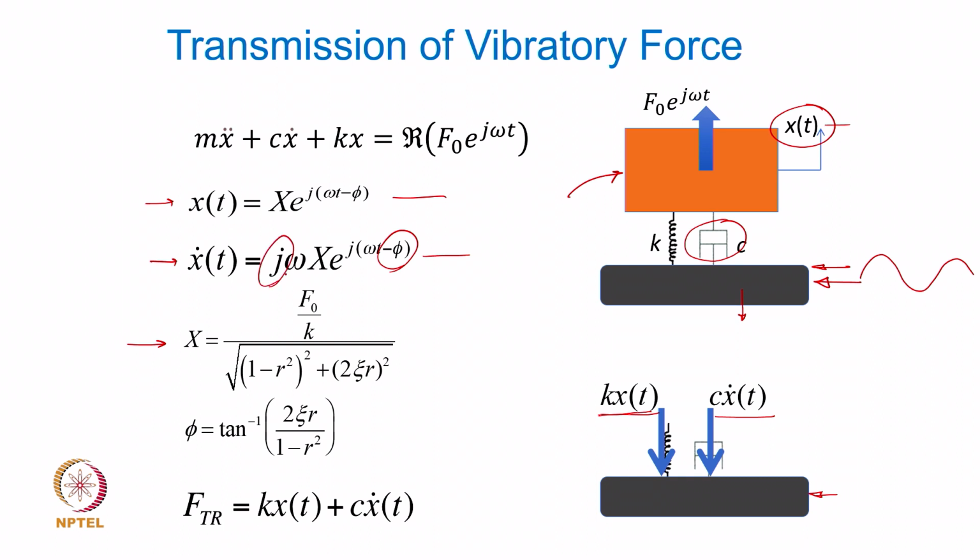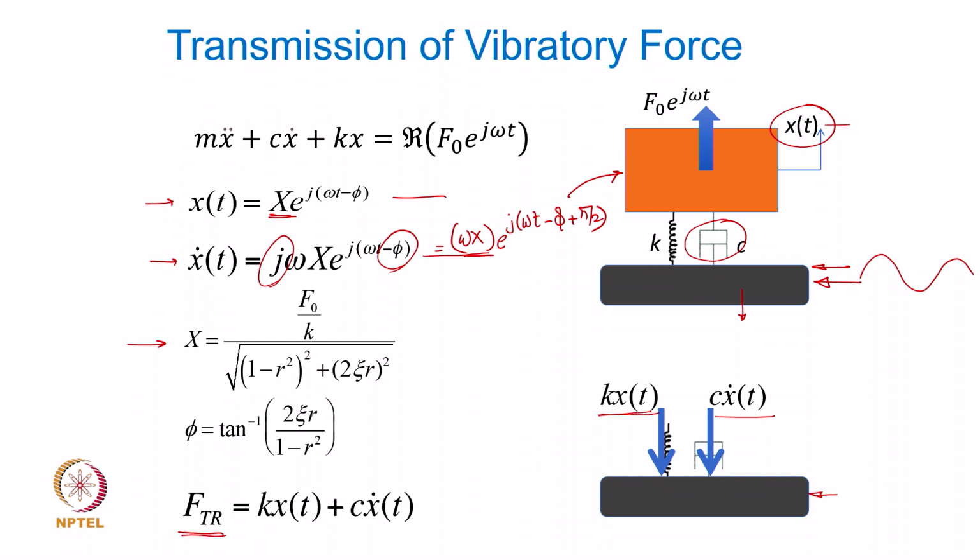Coming from this j, this can always be written as omega X, the velocity amplitude, e to the power j(omega t minus phi plus pi by 2). That is the phase between the displacement and velocity. So, the displacement will have amplitude X, the velocity will have amplitude omega X, and both these two forces are 90 degrees phase apart, as we have already seen. So, this is how the transmitted force is to be obtained.